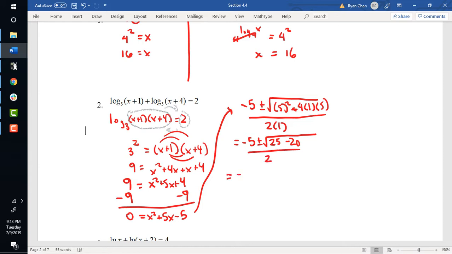So I really have -5 plus or minus the square root of 5 over 2, which is -5 over 2 plus or minus the square root of 5 over 2. All right, I'm splitting them up. Okay? So I have 2 solutions.